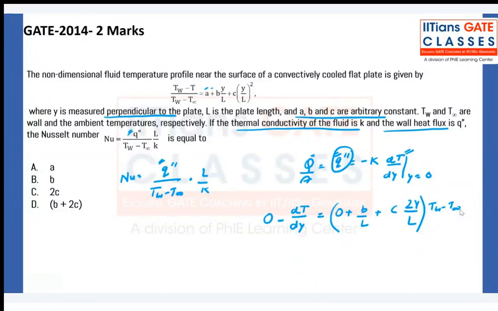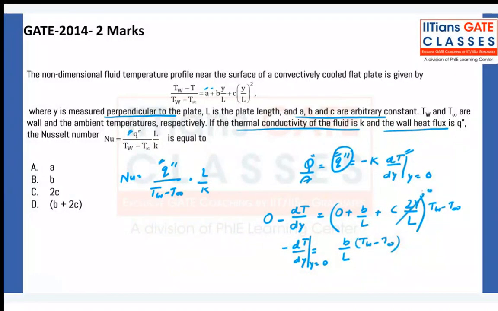So minus dT by dy at y equals 0 will be equal to b by L times (T wall minus T infinity), because the first term is already 0 and this will also go to 0 as I put y equals 0.